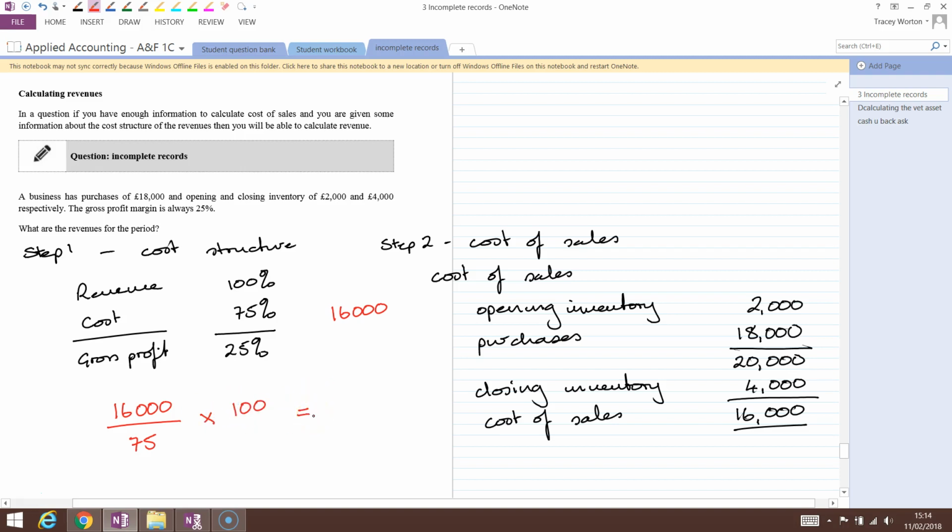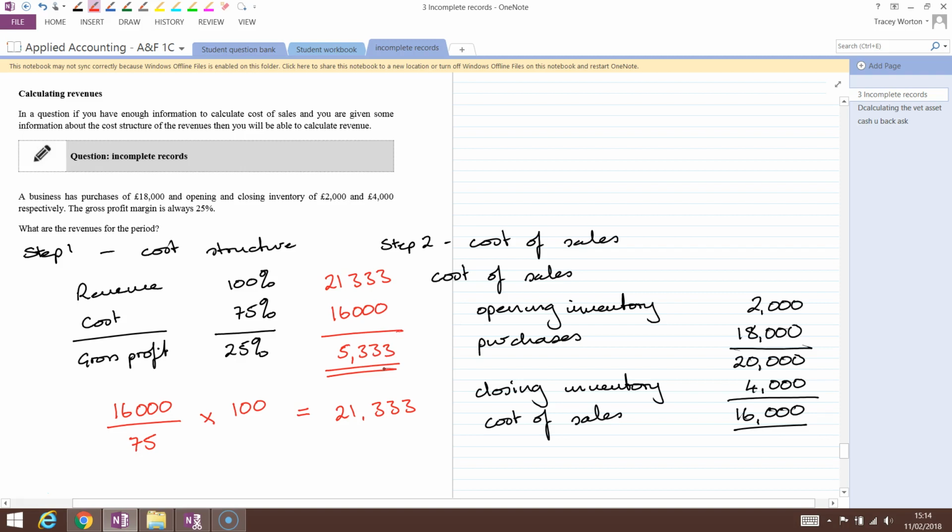So calculating that through would give us a revenue figure of 21,333, which we can then slot back into our cost structure, and then that would help enable us to determine a gross profit figure of being 5,333 if required.